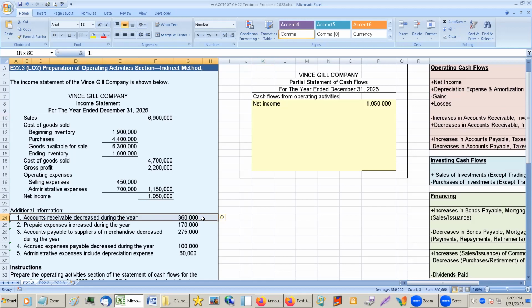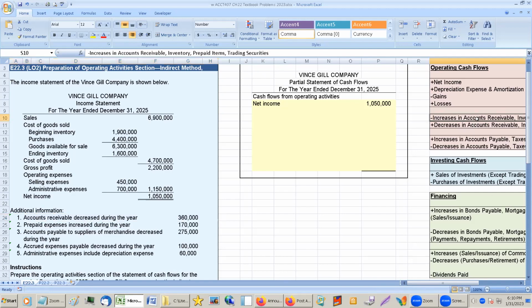We'll take these one at a time. What do we do with this one? Accounts receivable decreased during the year, 360,000. So when the asset goes down, accounts receivable decrease, cash goes up.